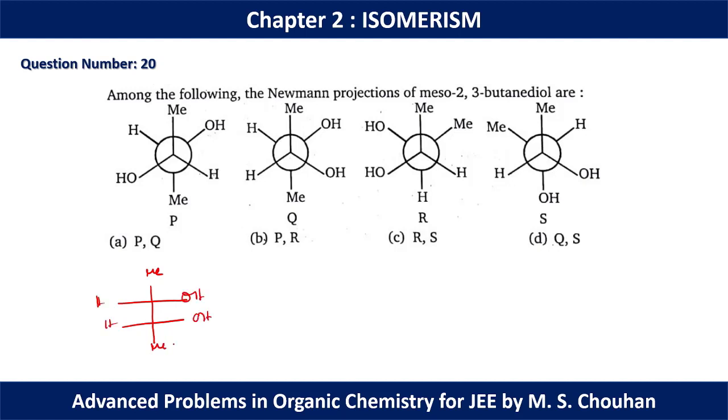So this is a meso form of P. And if you draw for R, this will give the same thing and the structure will look like this: hydrogen, hydrogen, methyl, methyl, OH, OH. So this is again a meso form because we have a sigma plane here, we have a sigma plane here. So this is a meso form of R. So P and R, these two molecules will give a meso form of 2,3-butanediol. So option B should be the correct option.